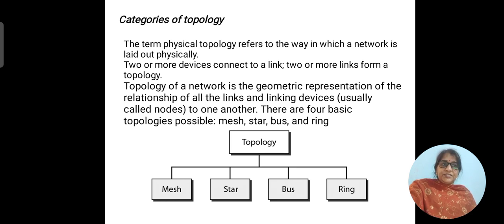As we all know, the topology of a network is the geometric representation of the relationship of all the links and linking devices, usually called nodes, to one another. There are four basic topologies possible: first is mesh topology, then star topology, bus topology, and ring topology.